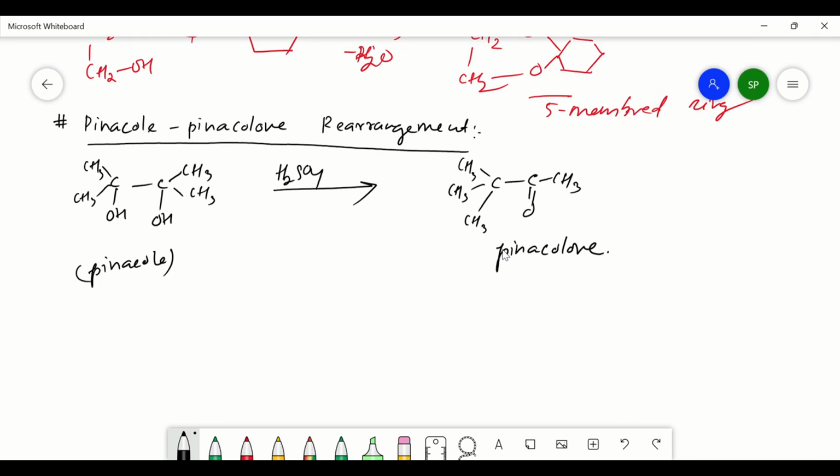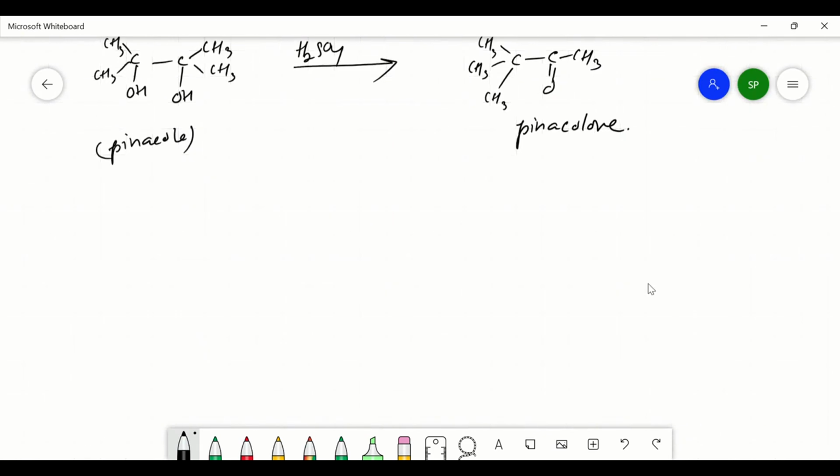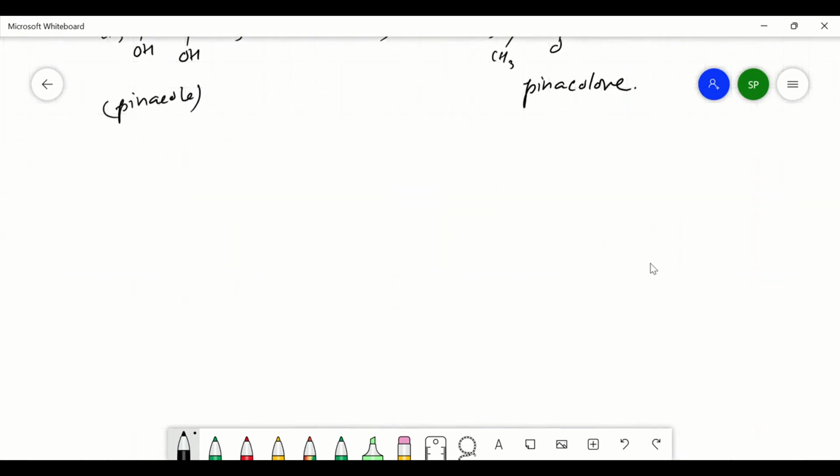Okay, so now we will see the mechanism of this reaction. In the first step, if there is an OH group and there is an acid, we can simply say there will be protonation.